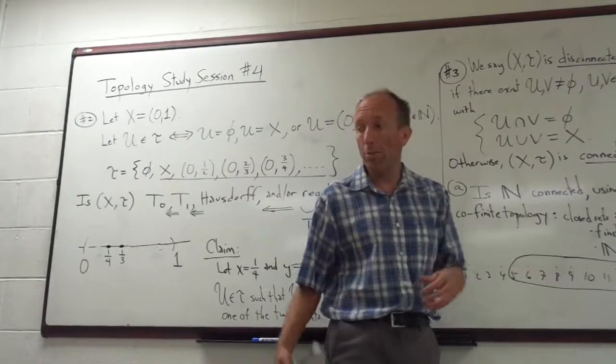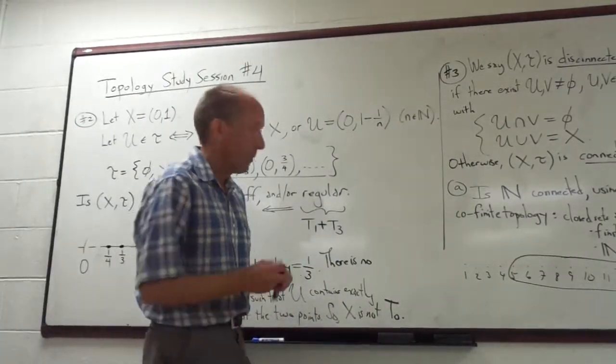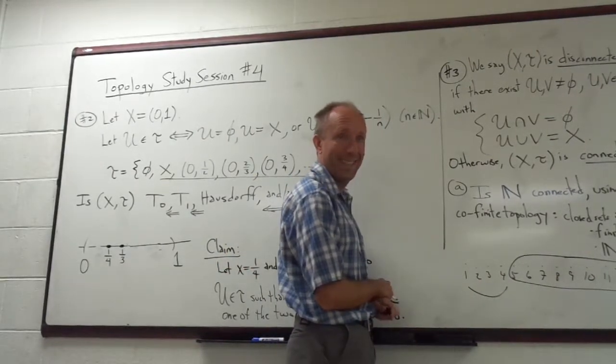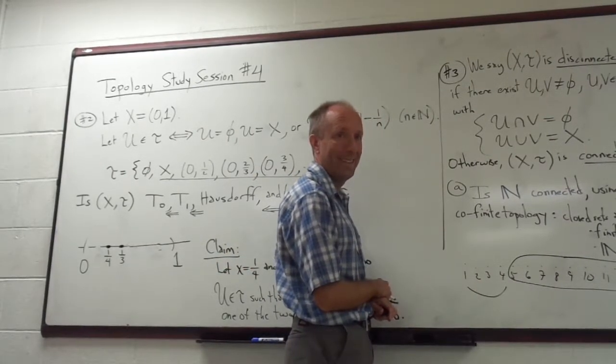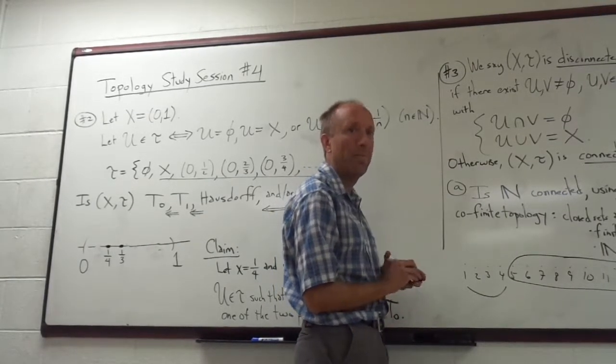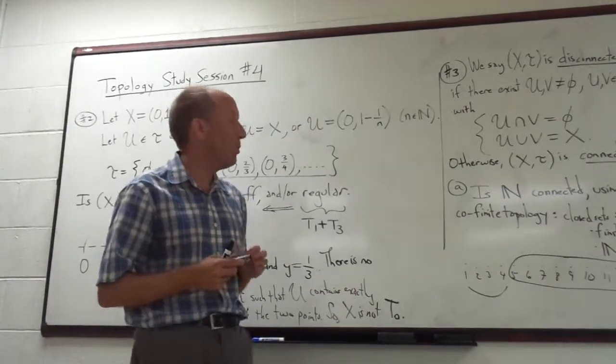Now I have to come up with V. V has to also be open. Is it okay for this to be V? No, because this is going to be closed, and we should have the union of U and V make the whole natural numbers. So there's no way to do that. Yeah, there's no way to do this, guys.